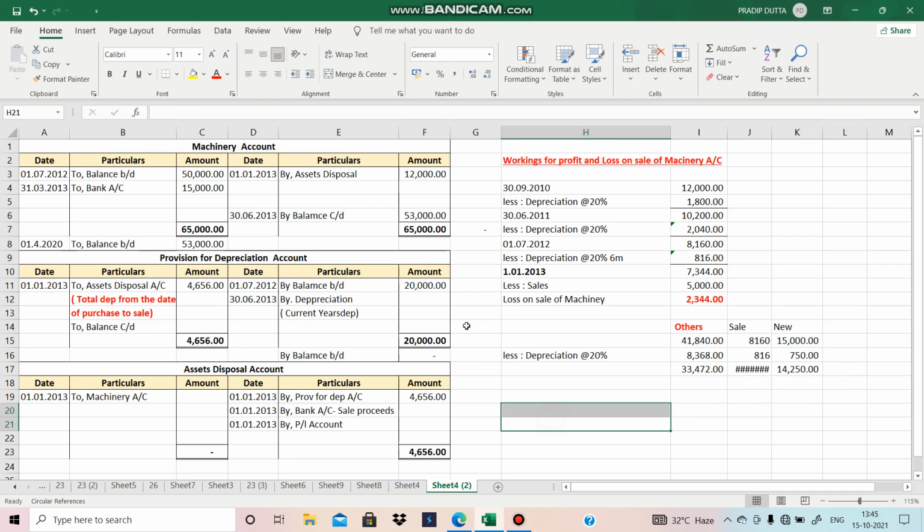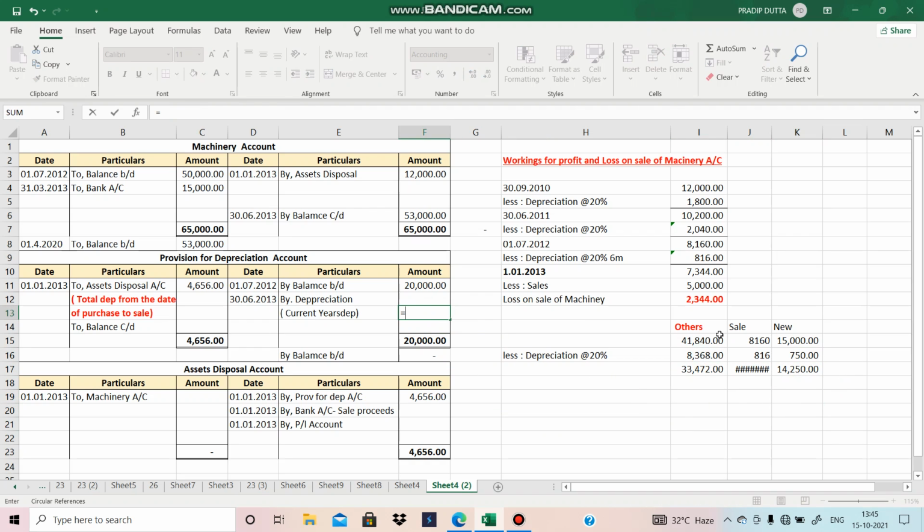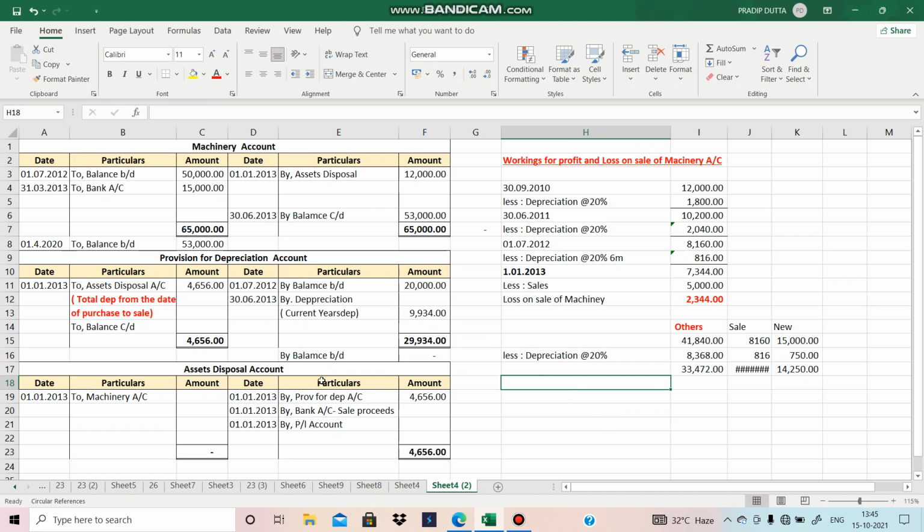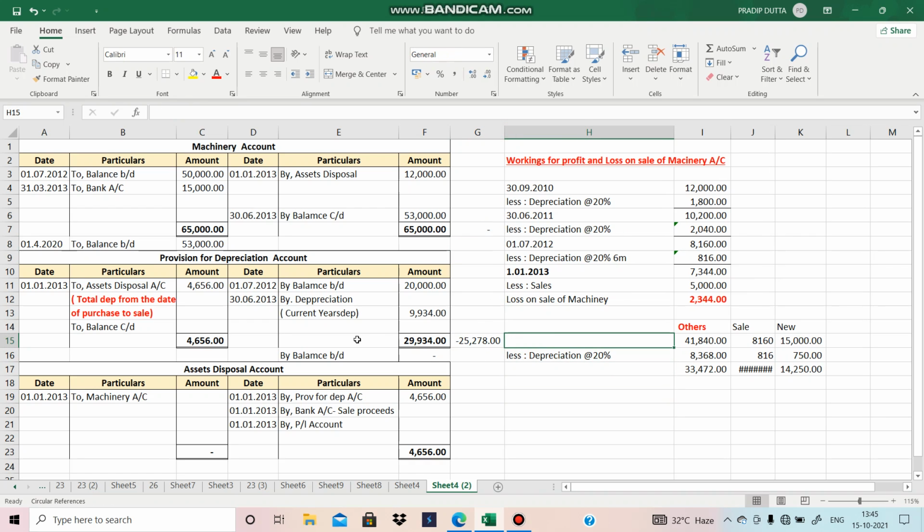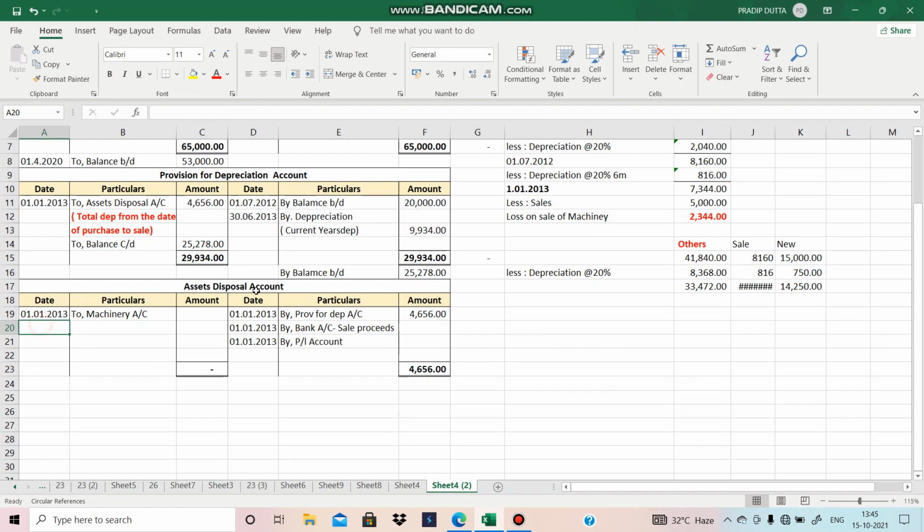The total depreciation for the current year is this plus this plus this. So the total depreciation is 9,934, and the balance would be 25,278. Now let's move to the asset disposal account.